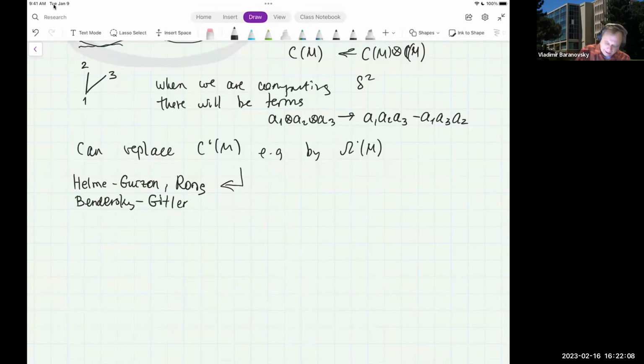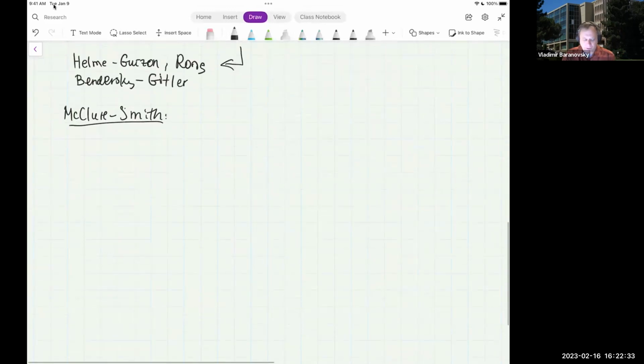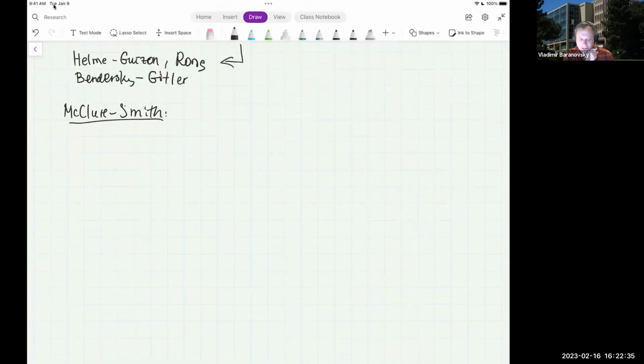Again, the problem is that cochains on M form a DG algebra. Associativity works very nicely, but commutativity doesn't work. And what helps us is a construction by McClure and Smith, which they used when studying these cochain operations in general.